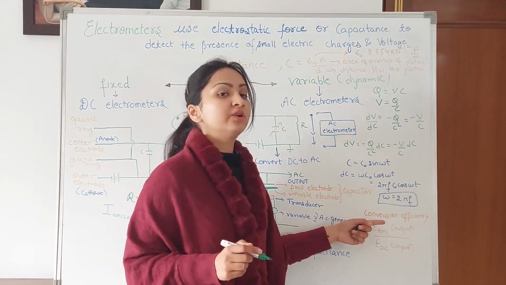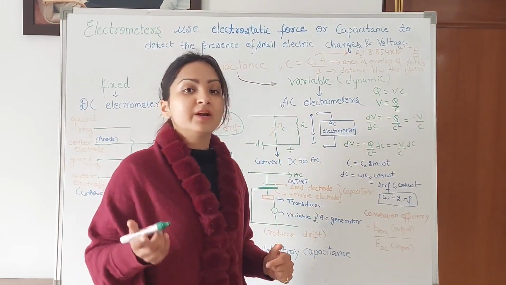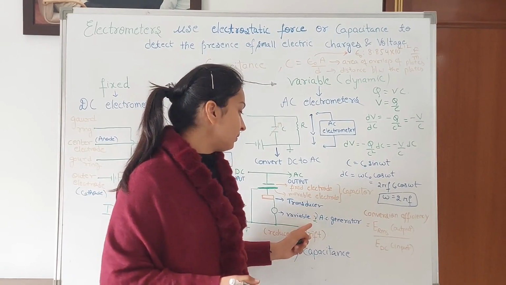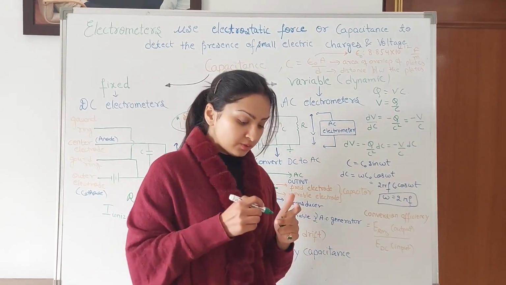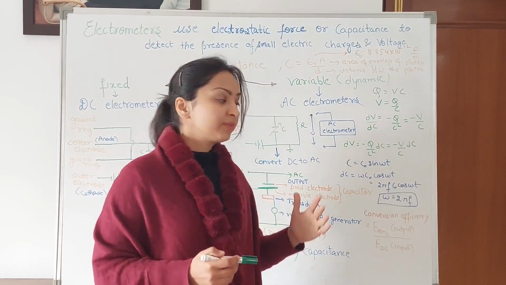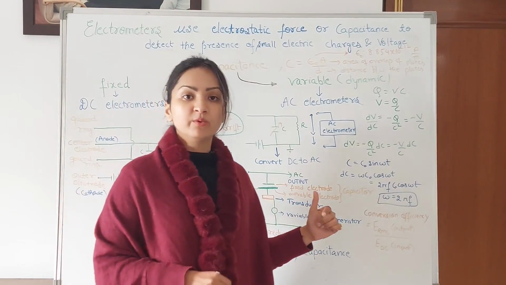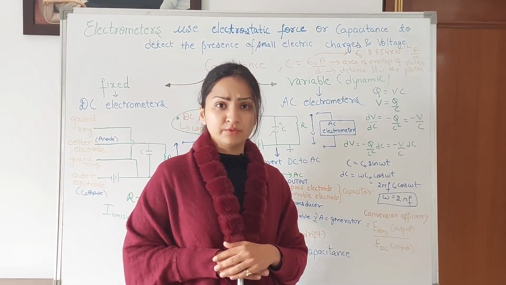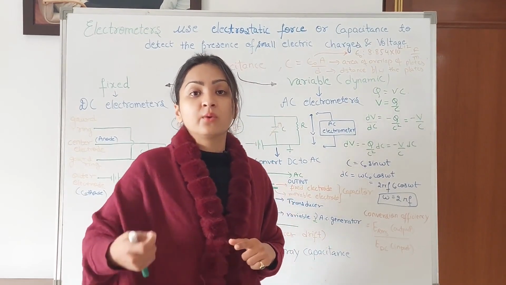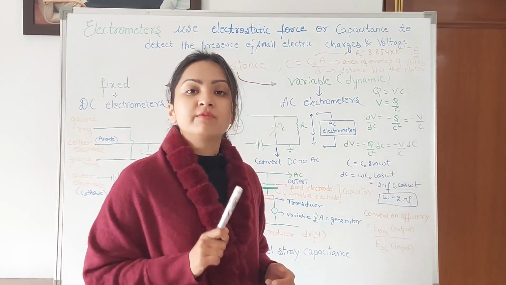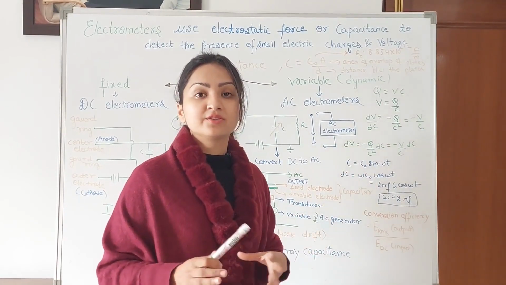So the conversion efficiency from DC to AC is dependent upon the frequency of the variable frequency AC generator. So it is to be noted that not only should the change of the movable electrode with respect to the fixed electrode be constant and uniform, but it has to be brought about at a very quick rate. The frequency of vibration of this movable electrode with respect to the fixed electrode should be large enough.